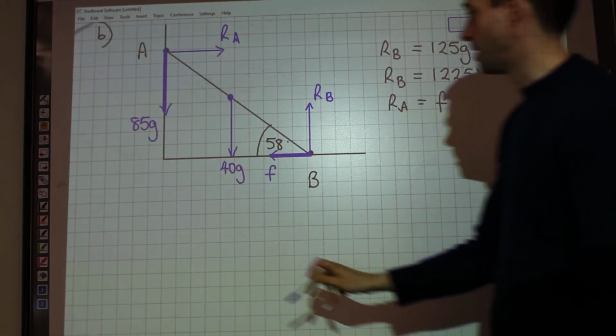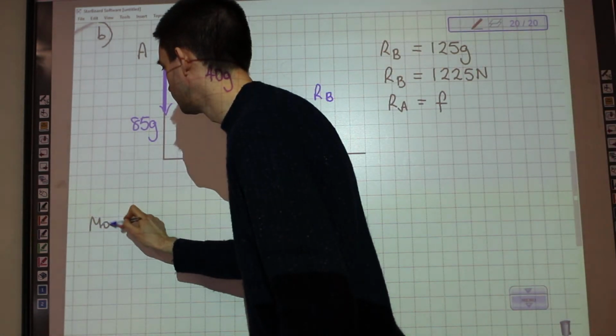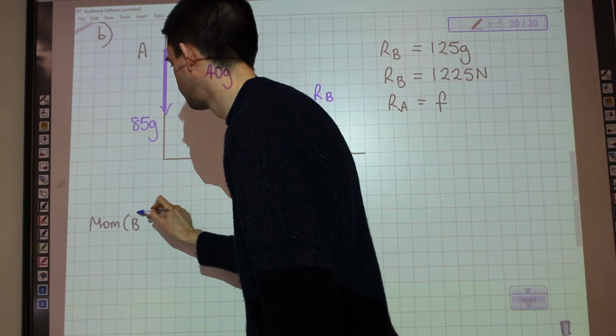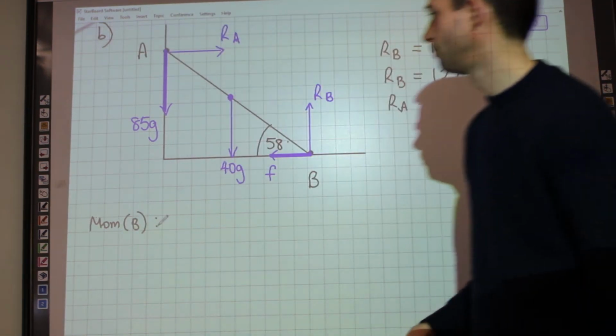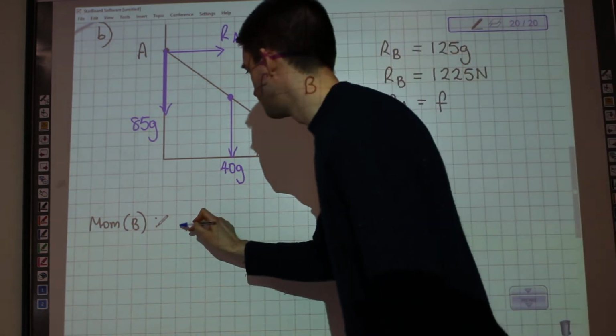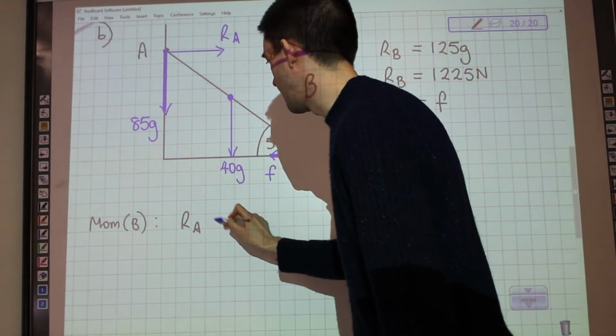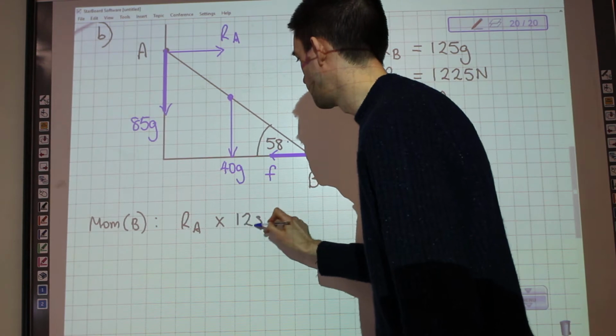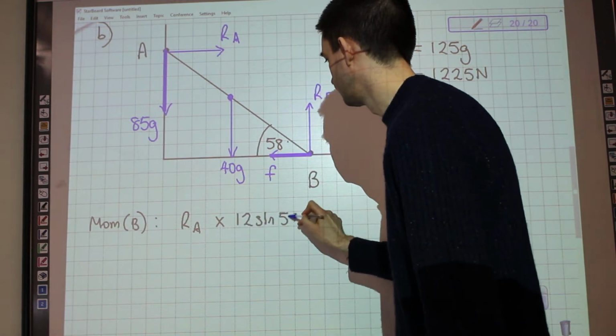I'm going to do the same again. I'm going to do moments about B. So clockwise, it is still reaction at A times by 12 sine 58.